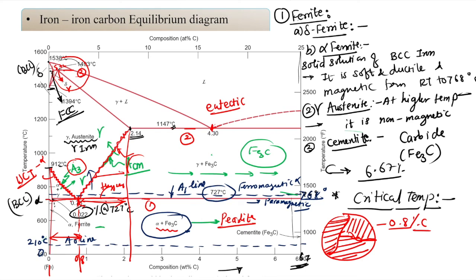So this line, dear students, this ACM line is the upper critical temperature for hypereutectoid steels. ओके, और ये जो A3 वाली लाइन है, this is the upper critical temperature for these hypoeutectoid steels. ये वाले स्टील्स, ये वाला hypoeutectoid.